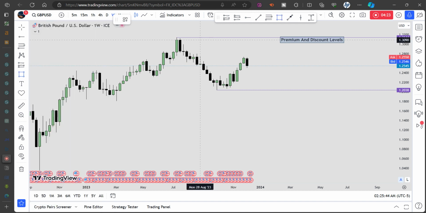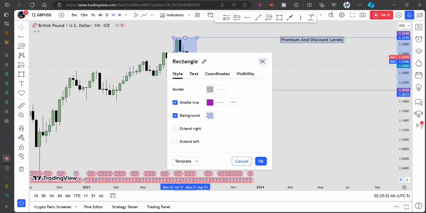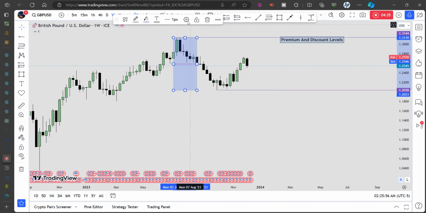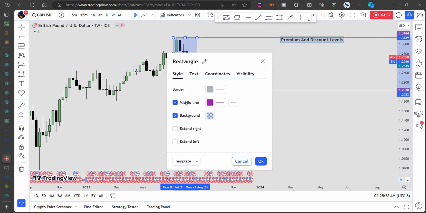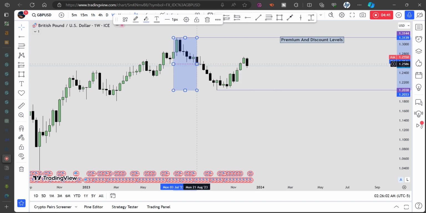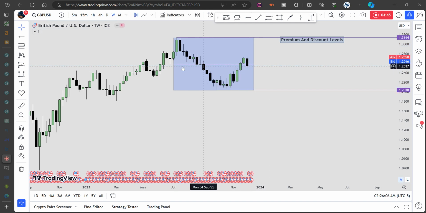We measure it from high down to the low. If you click on it, settings, if you click on this middle line to show like this, we have it right there. Then drag to the right, you can see.